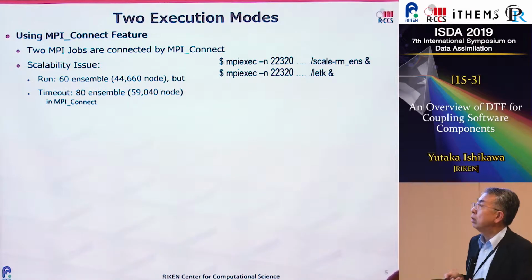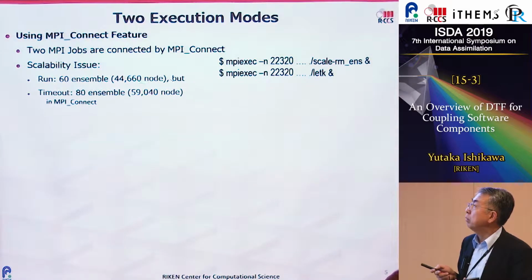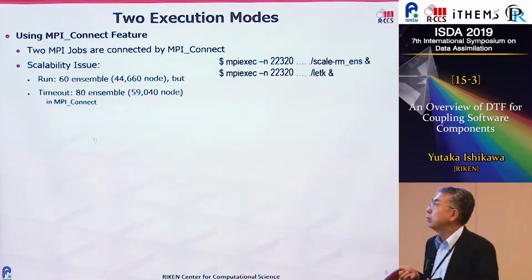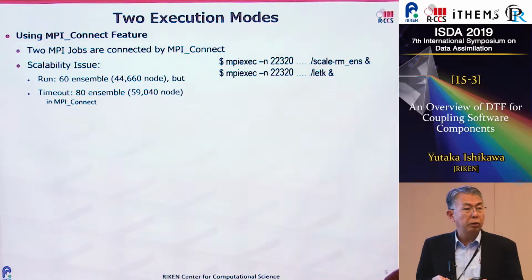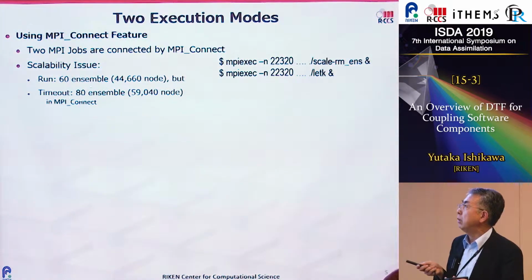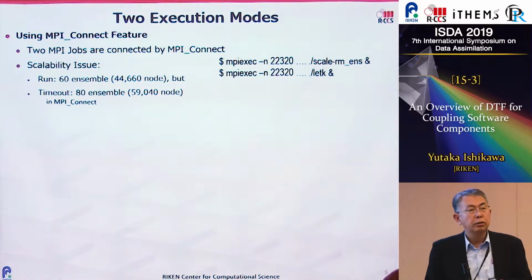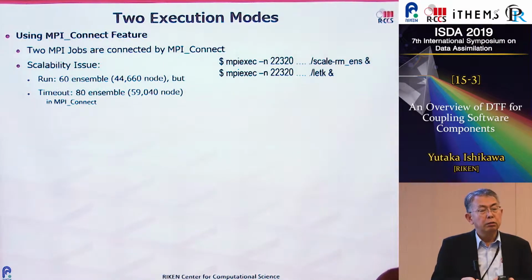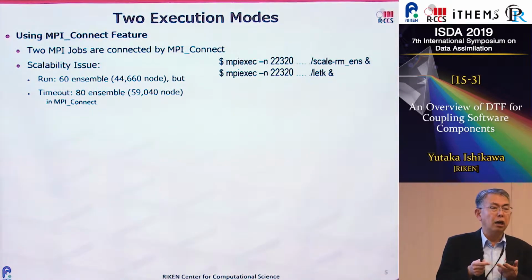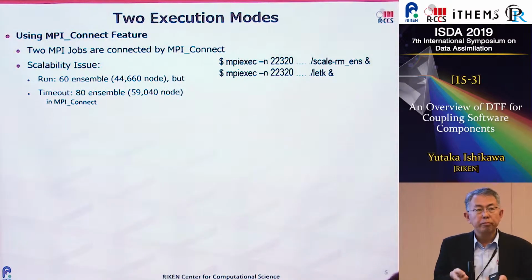Up to 60 ensembles, with 44K nodes used, it's okay. But when we observed more than 60 ensembles, in the case of 80 ensembles, it couldn't finish, timed out, and expired the machine resource time.